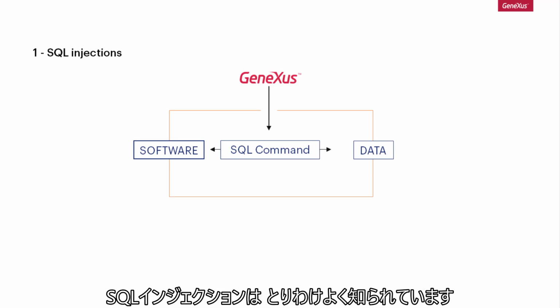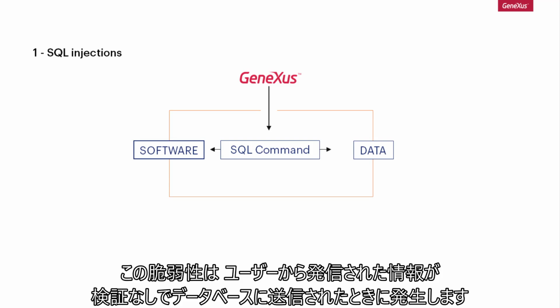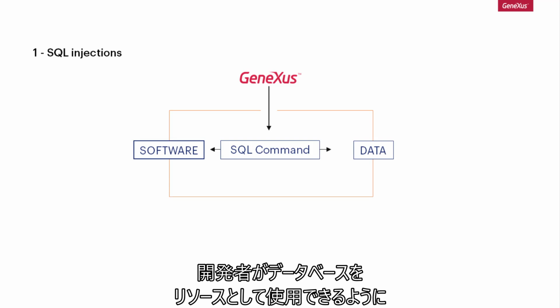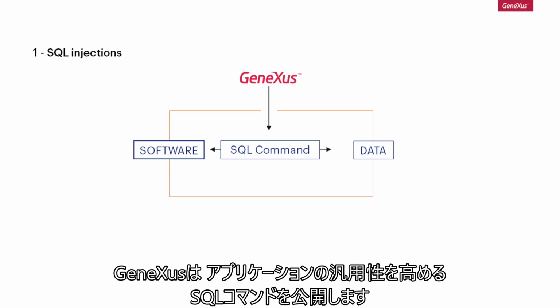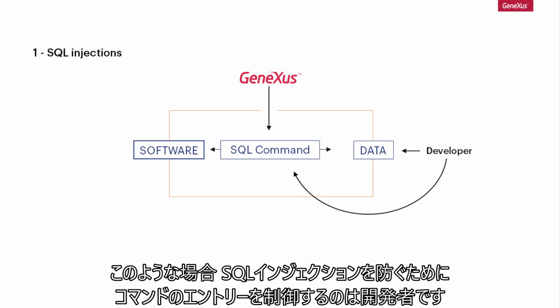SQL injections are the most renowned, among others. These vulnerabilities take place when information that originates in a user is sent to the database without validation. GeneXus exposes the SQL command, which provides the app with increased versatility, so that the developer may use the database as a resource. In such cases, then, the developer is the one who must control entries of the command in order to prevent an SQL injection.